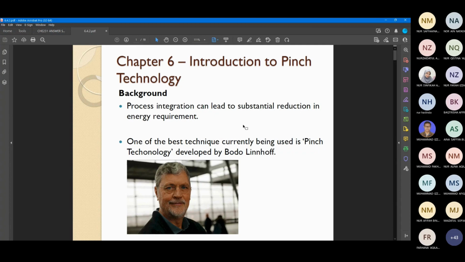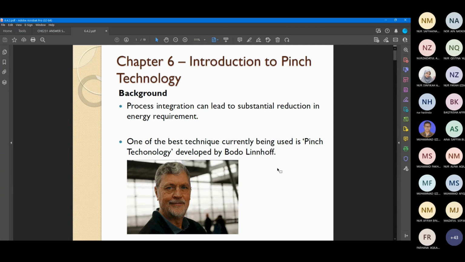Once the plant has been set up, you're going to collect certain data, and then you have to make some decisions. Top management has to look at this cost and decide whether the process integration should be carried out or not.